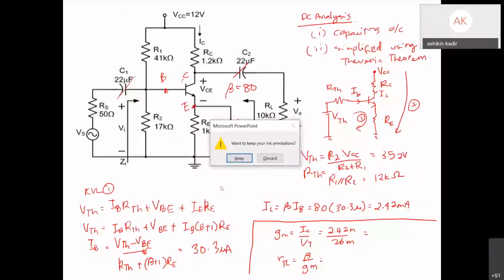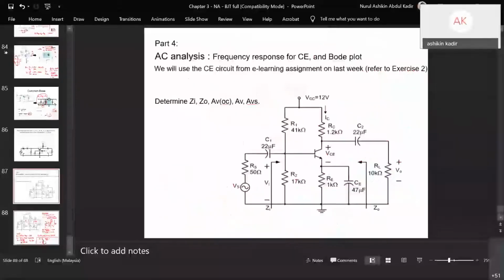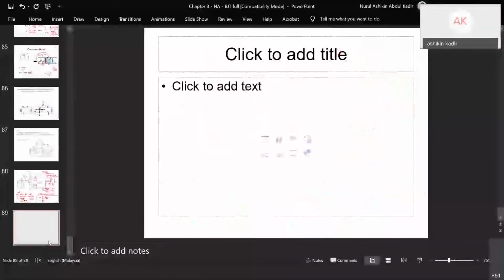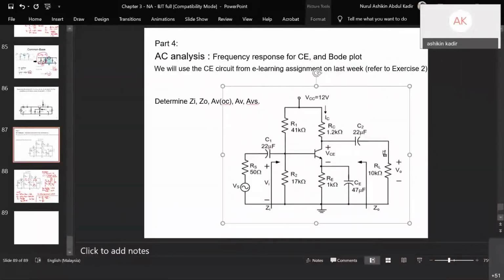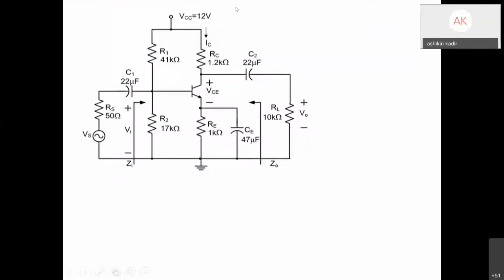So now we want to draw the AC equivalent circuit. Firstly, if you want to draw AC equivalent circuit, during mid frequency, the capacitor is fully charged, so it can conduct current.